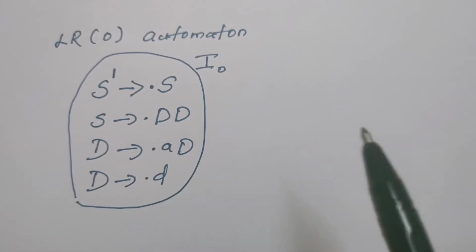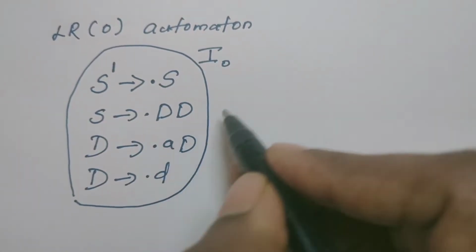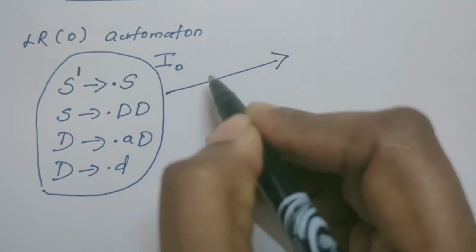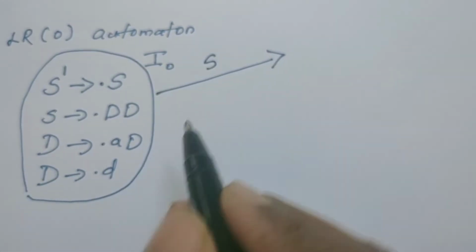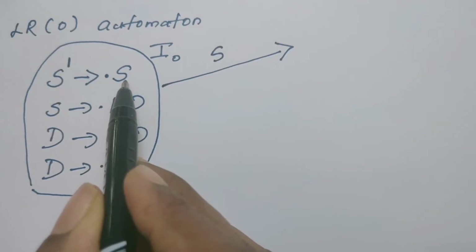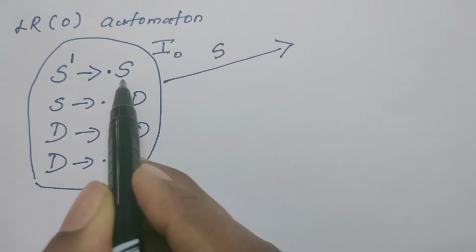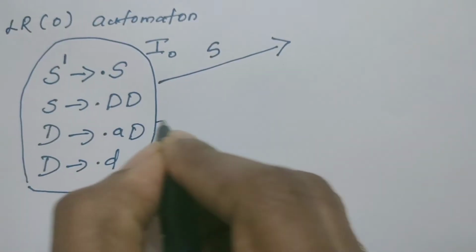Now we have to continue constructing the transition diagram. So how do we continue constructing the transition diagram? From the state, I can give an input. It means if the parser reads a symbol, after the dot, whatever the symbol is there, that is the symbol the parser is looking for. So if it reads S, what happens?